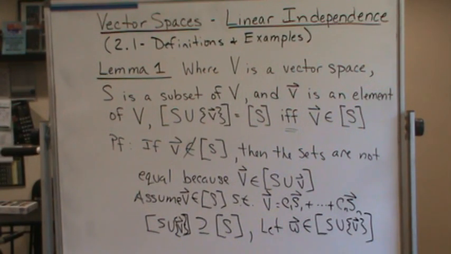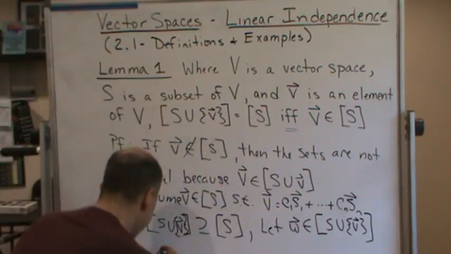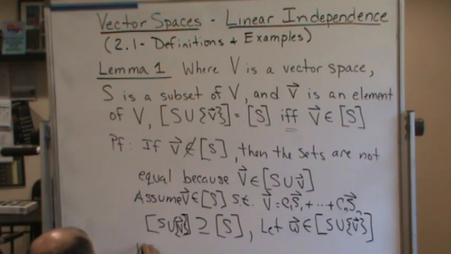Then the vector w is a linear combination of the elements of that set, the union of those. So that means w can be written as a linear combination of S union v.